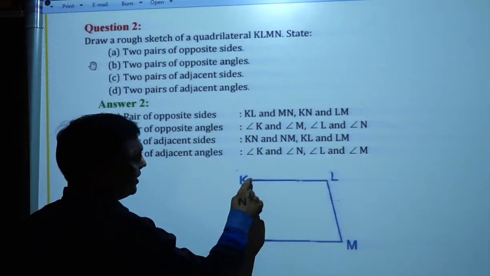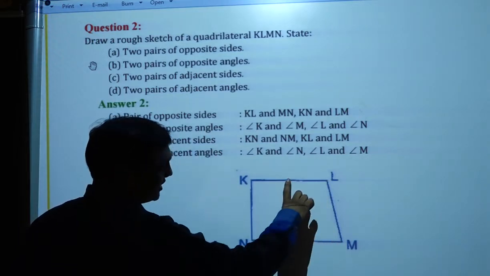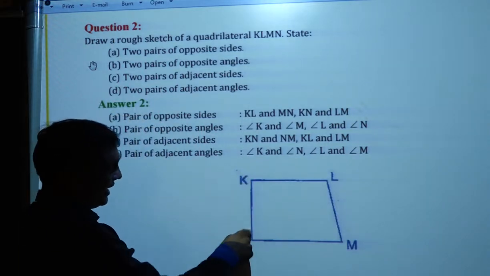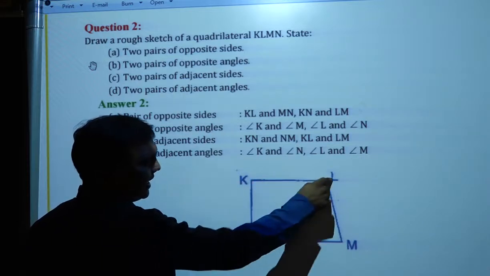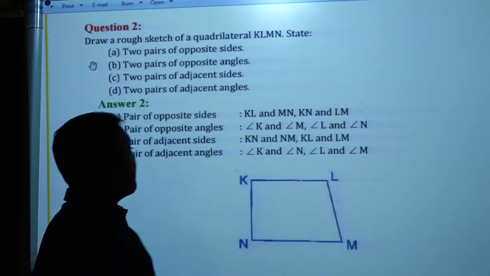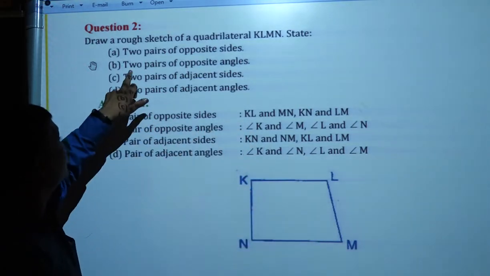KL and MN, KL is opposite MN. Next, KN and LM, these two are opposite. This is over. Next question.